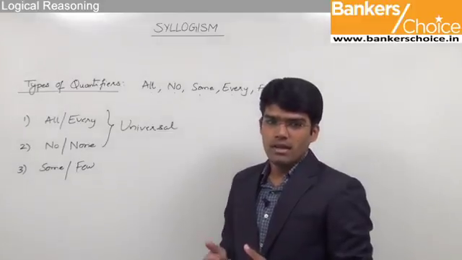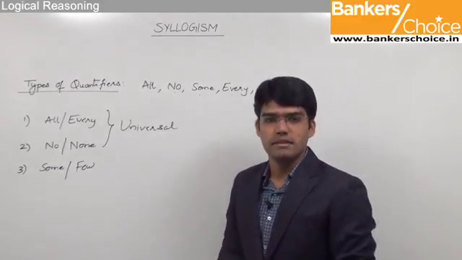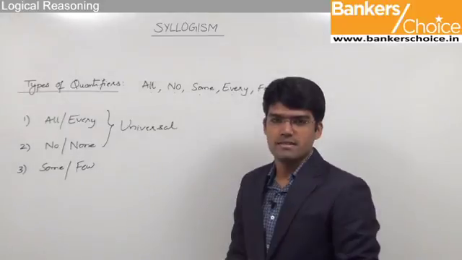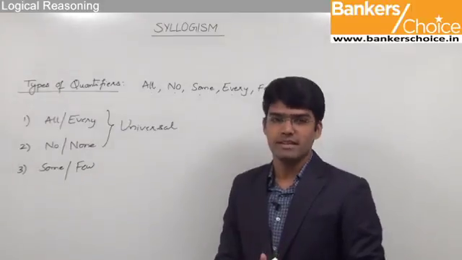For example, when we say some A's are B's, it means some of the elements in the set A are a part of the set B. Similarly, when we say some A's are not B's, that means some of the elements in set A are not a part of set B. So in these two cases, you can see that we are not referring to every object in the given set.